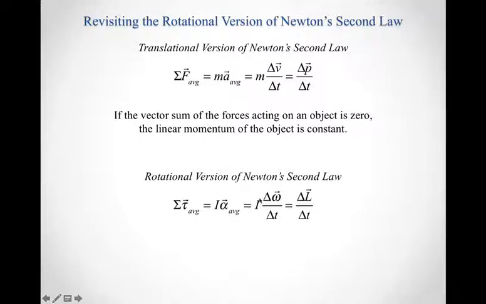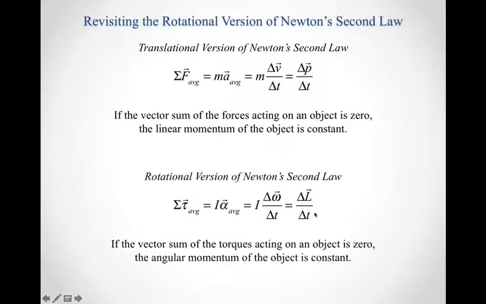I can take this moment of inertia, tuck it back inside, and then I've got the change in I times omega, and that is the angular momentum. So what I see here is that the average net torque is equal to the change of the angular momentum of my system with respect to time. So if the vector sum of the torques acting on my object is 0, then the angular momentum of my object is constant, and again it doesn't change.